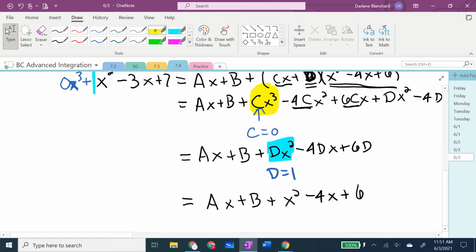And then I can see that negative 3x must be equal to ax minus 4x. So negative 3 equals a minus 4. That means a is equal to 1.